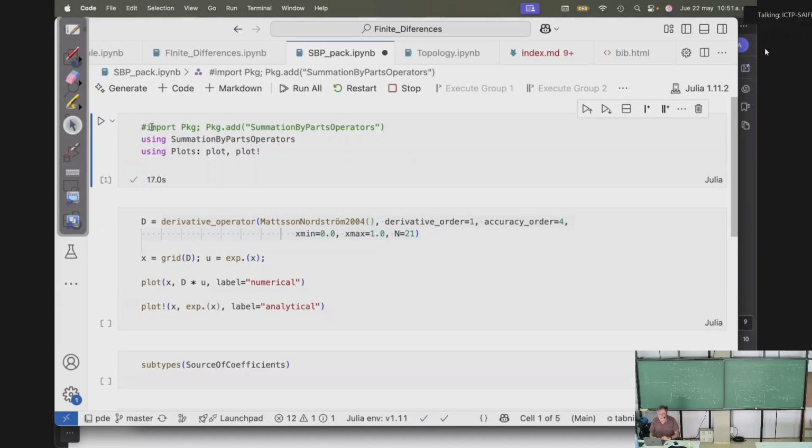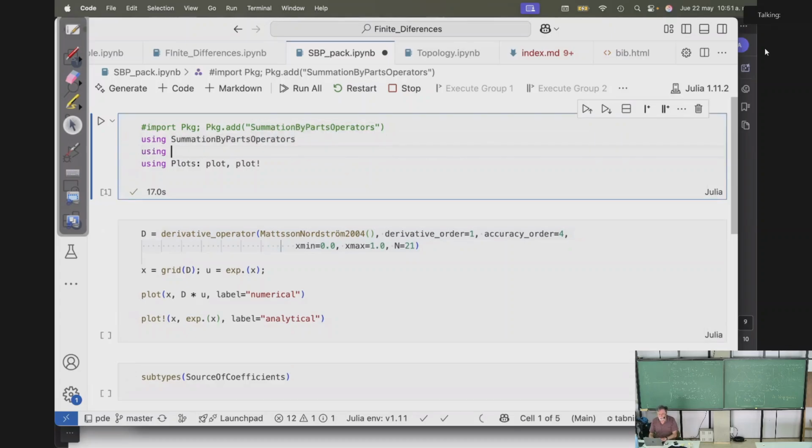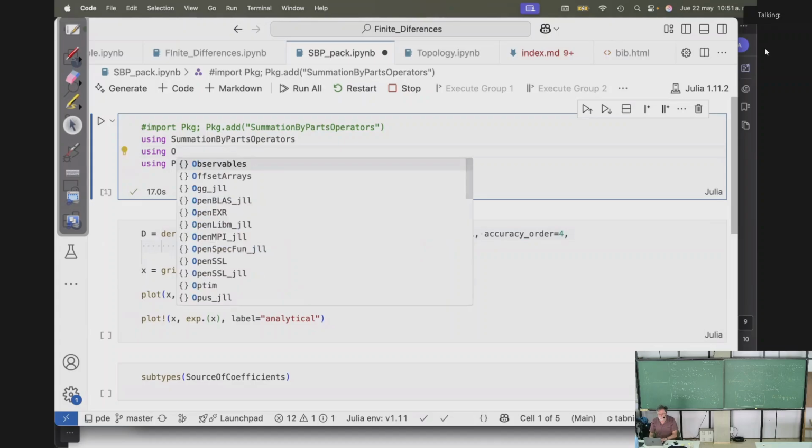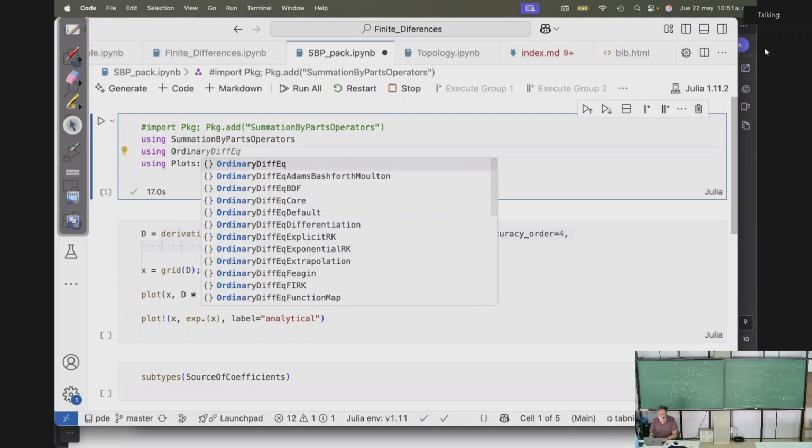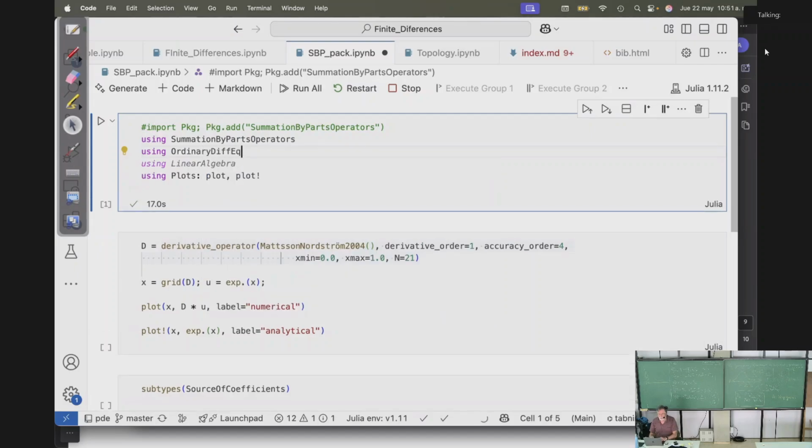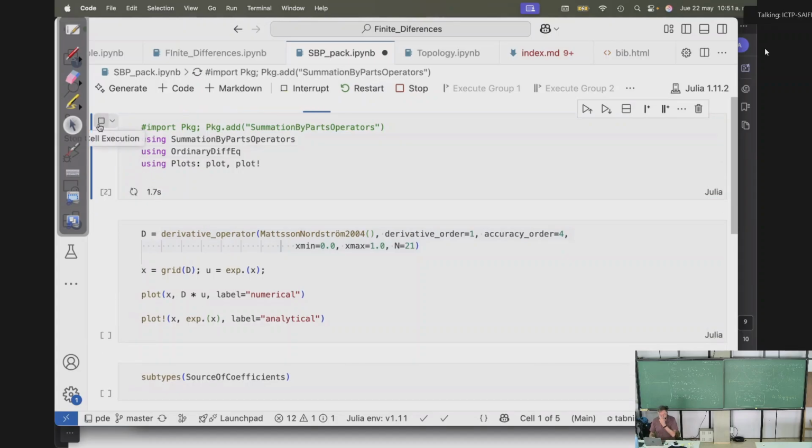If you have not installed it, you just put import packages, summation by parts operators. I'm importing also plots, and I will import ordinary differential equations.